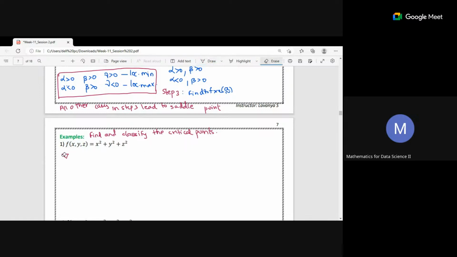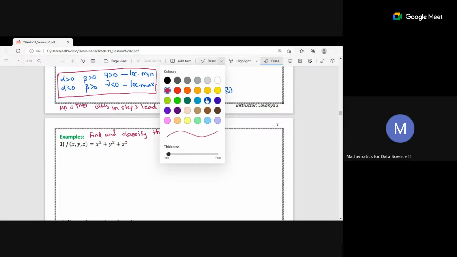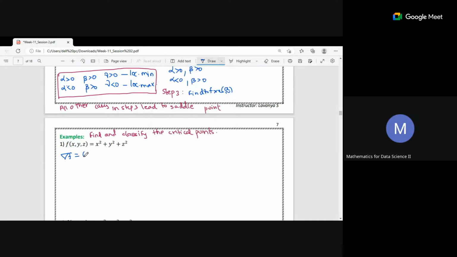What is your gradient here? 2x, 2y, 2z. So del f equal to 0 implies x is equal to 0, y is equal to 0, and z is equal to 0. So what is your critical point? 0, 0, 0. So this is your critical point.